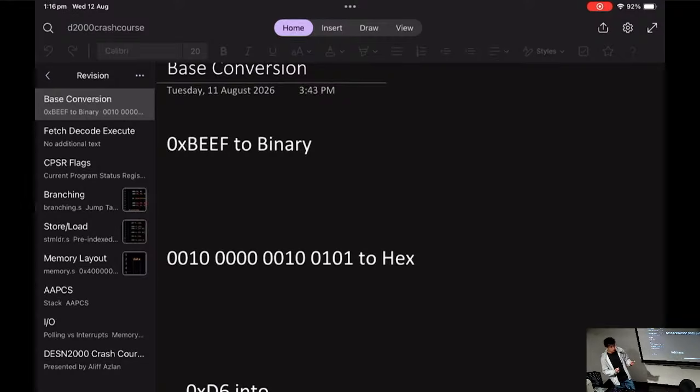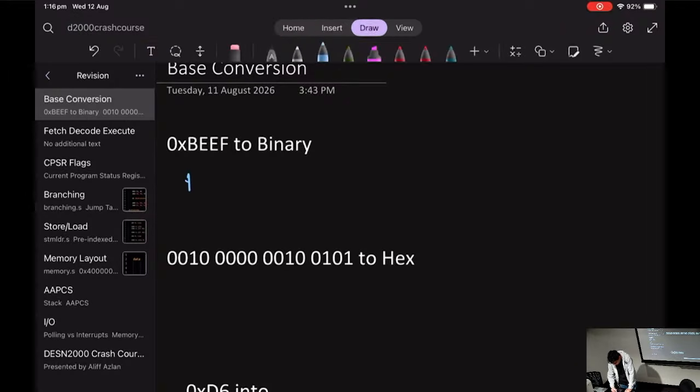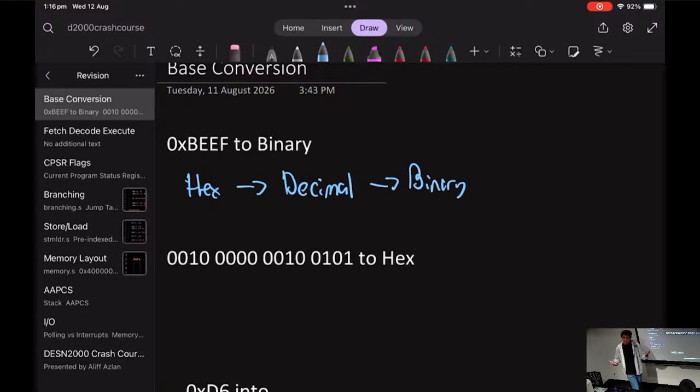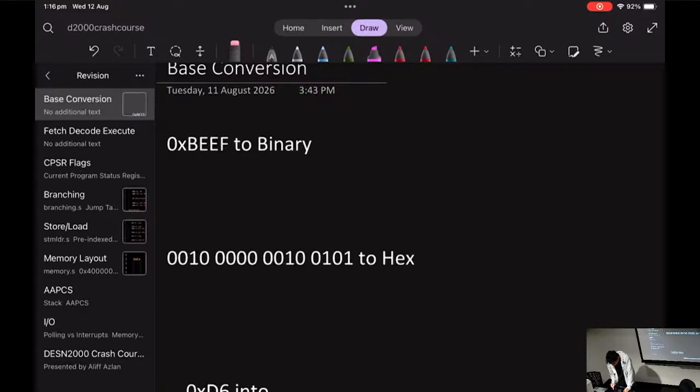You could go the long way, which is go hex to decimal, which should be pretty straightforward, and then decimal to binary. I can say that's the standard way of doing it. Now, there is a shortcut, and using the shortcut can actually save you a lot of time.